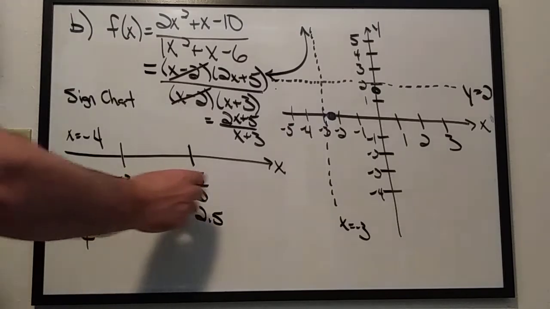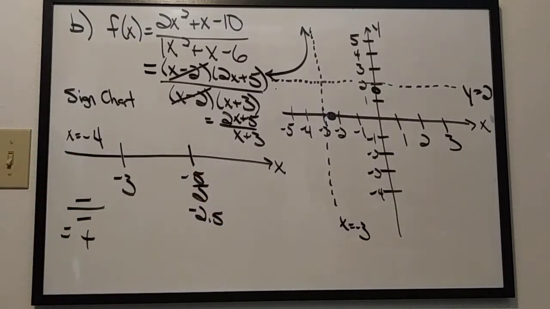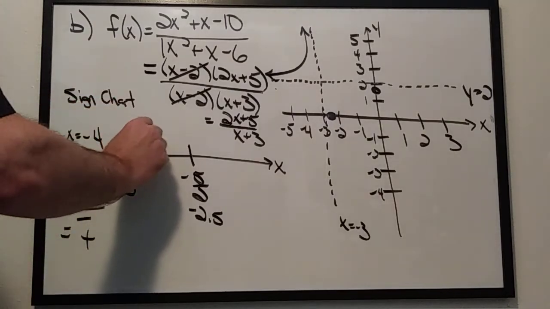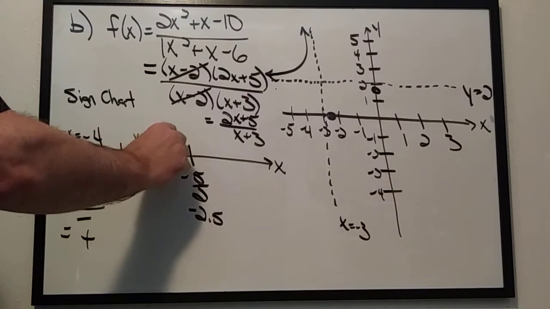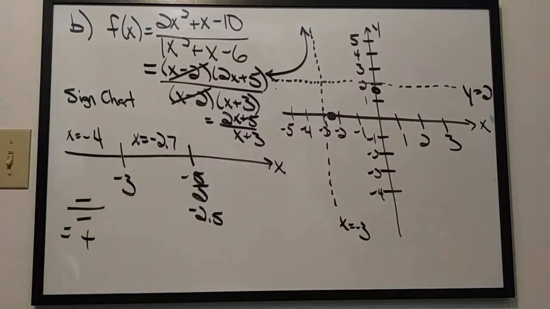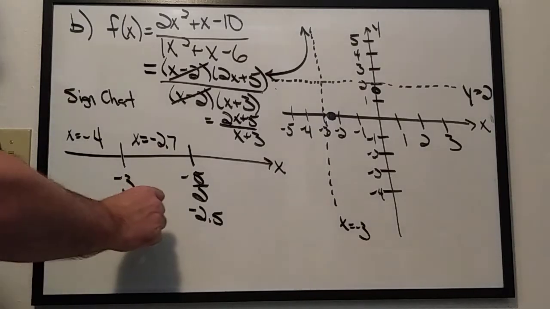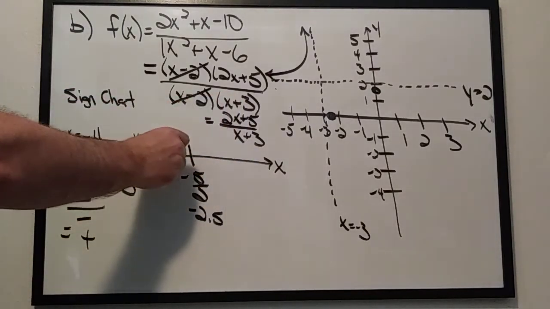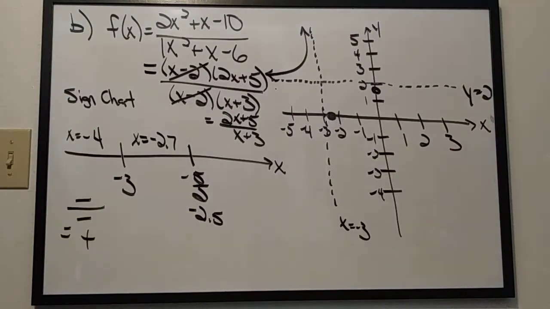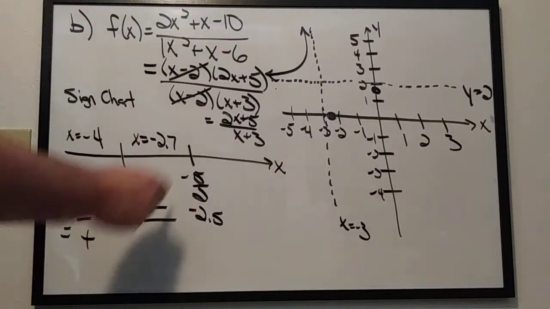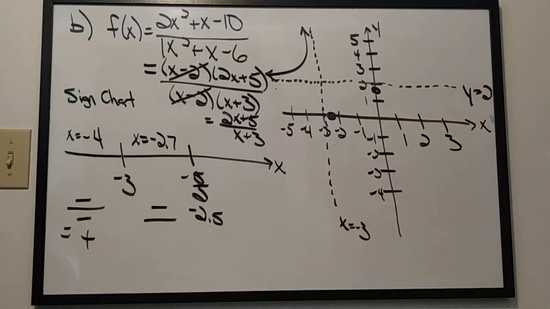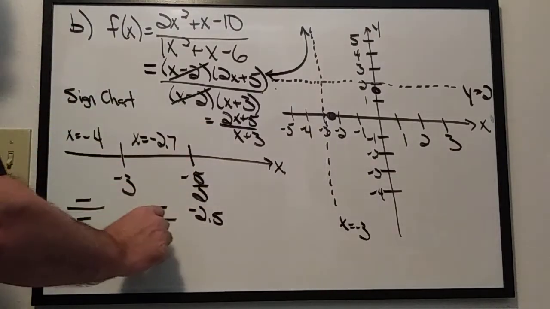Now let's go between negative 3 and negative 5 halves, or equivalently negative 2.5. An x value that would live there, unfortunately, we're going to have to go decimal, something like negative 2.7. If we plug in negative 2.7, our numerator is going to be 2 times negative 2.7, and then we add 5 to that. What's going to happen is we're going to have a negative numerator. And in the denominator, negative 2.7 plus 3 is going to be a positive number.